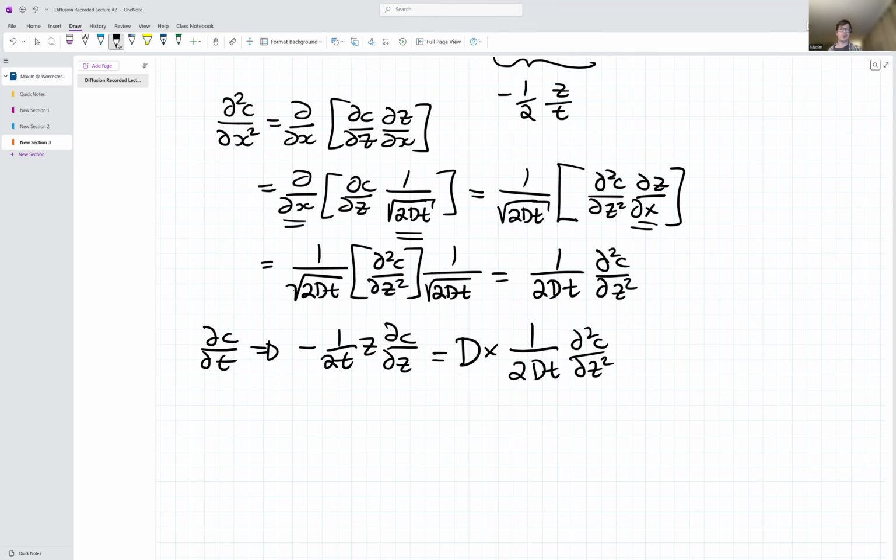So the diffusion equation becomes a single equation just in terms of z. The t's cancel on both sides, and these D's cancel, and the 2's cancel. And you're left with this kind of amazing result that the entire diffusion equation just reduces to minus z dc/dz is equal to D, the second derivative with respect to z. So that's crazy.